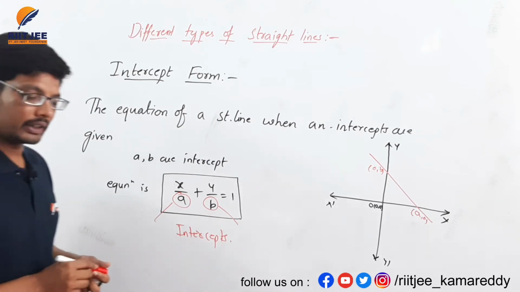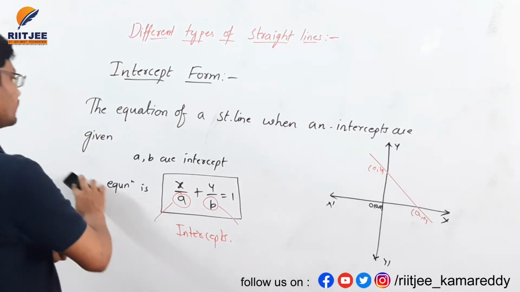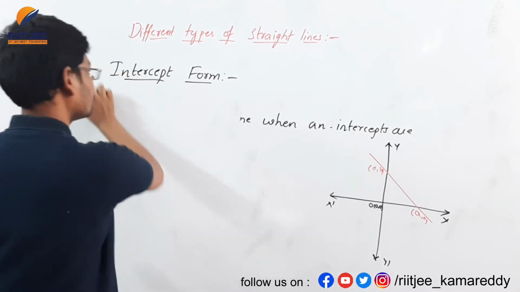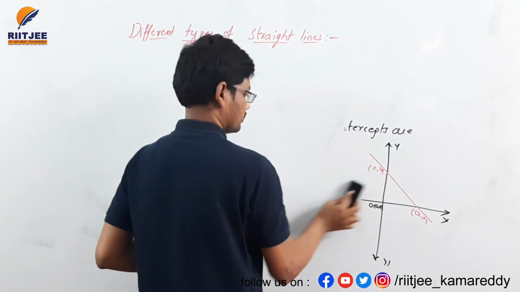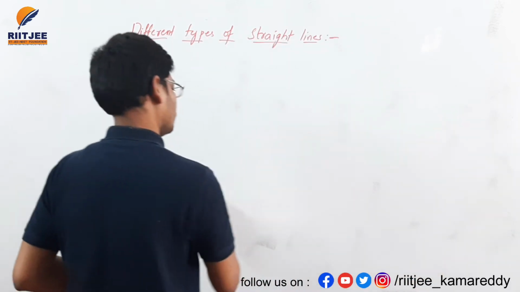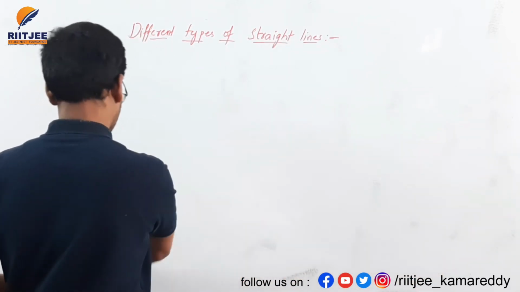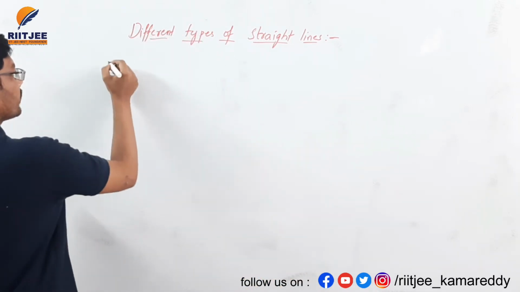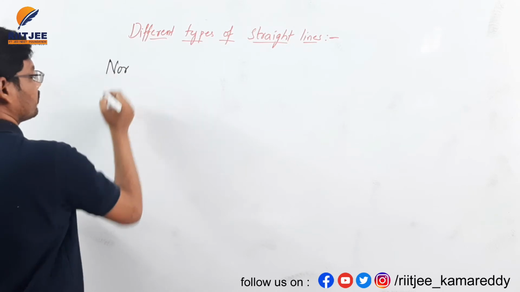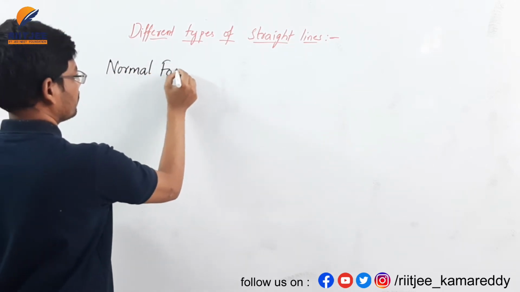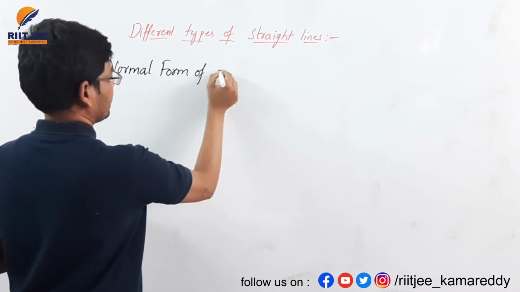And the next one is the normal form of a straight line.